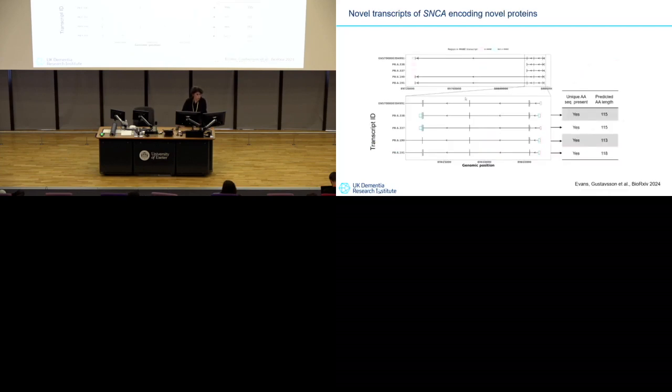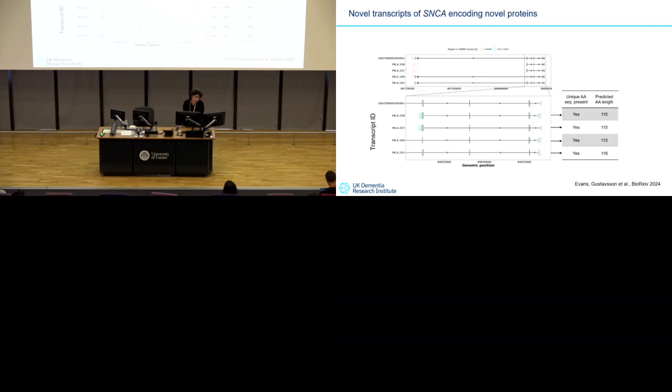So for these novel transcripts, we focused on the novel proteins first. What we found was that there were changes primarily at the 5' end of the gene, which resulted in novel amino acid sequences, novel in terms of the length of the sequence. Classically, synuclein would have 140 amino acids in it. That would be what most people expect from most of the transcript structures.